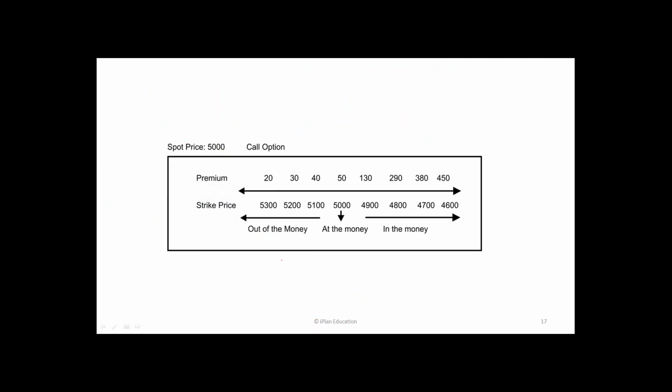Oh, I've increased all the ink. I'll write it again. So spot 4900, buyer, sell, spot 4900, premium 130 paid, premium 130 received.